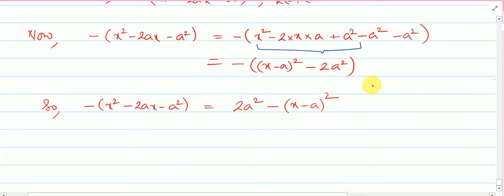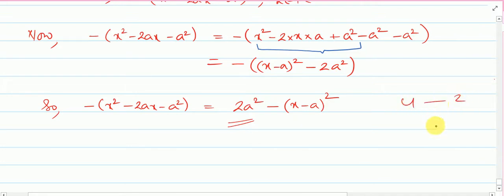Now the question is, for what value of x will this whole thing be maximum? Here you can see that 2a square will be always positive, and this x minus a whole square will be always positive. So from one positive you are subtracting another positive. Let's say 4 is there and 2 is there.